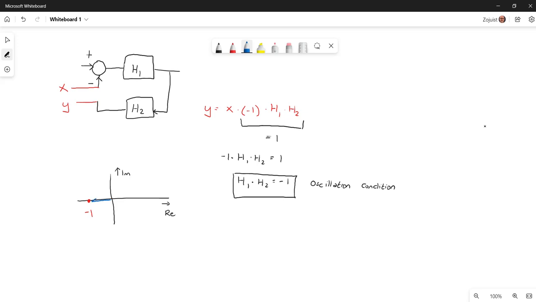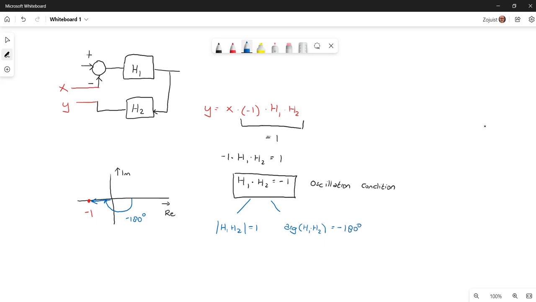That vector has a length, an absolute value, which is equal to |H1 times H2|, which is equal to 1. And the phase of that vector is minus 180 degrees. Or we can say the phase, which is the argument of H1 times H2, equals minus 180 degrees.